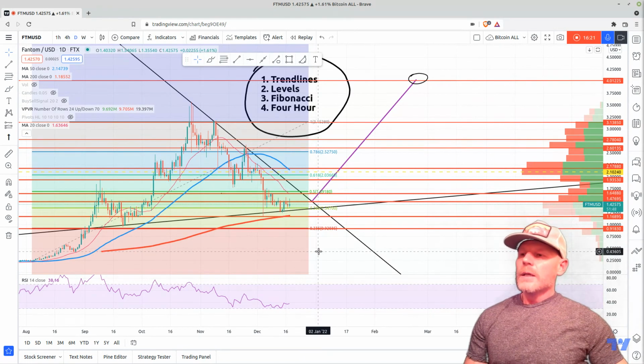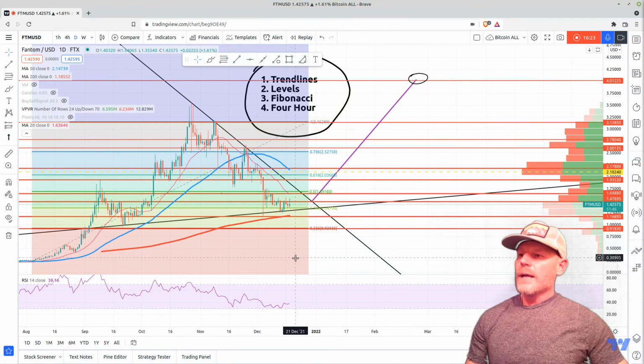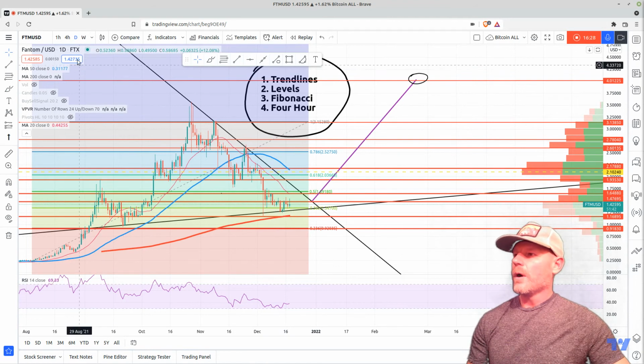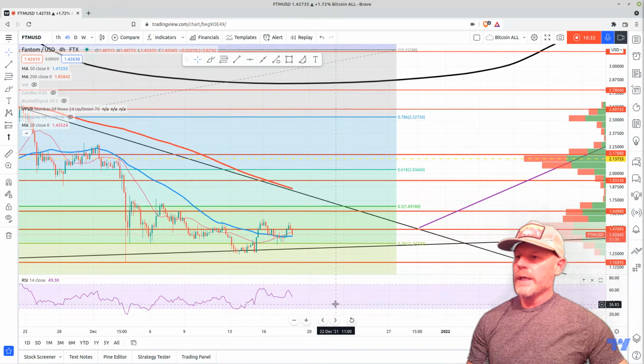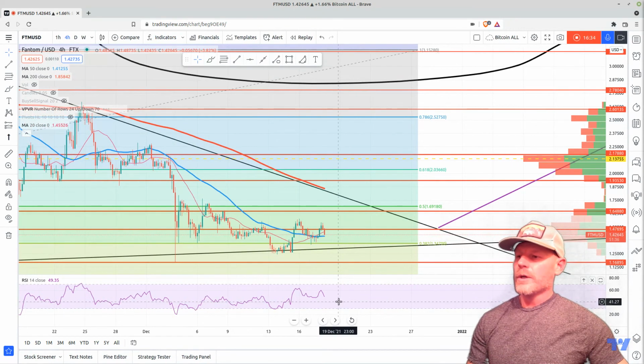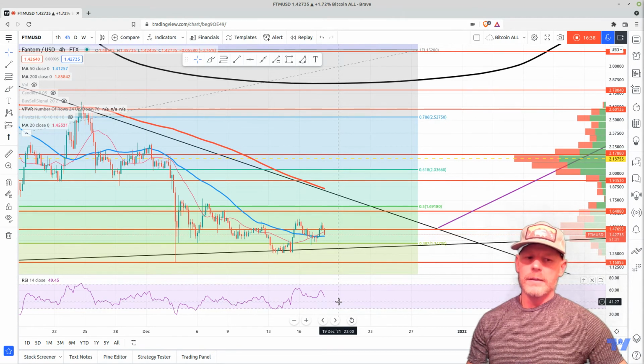All right. So last thing I want to do here, not to make this video too long, but let's zoom into our 4-hour chart. And what I want to look for here is bullish divergence. I did a video yesterday on the daily update, and I spotted bullish divergence on 5 or 6 different charts.